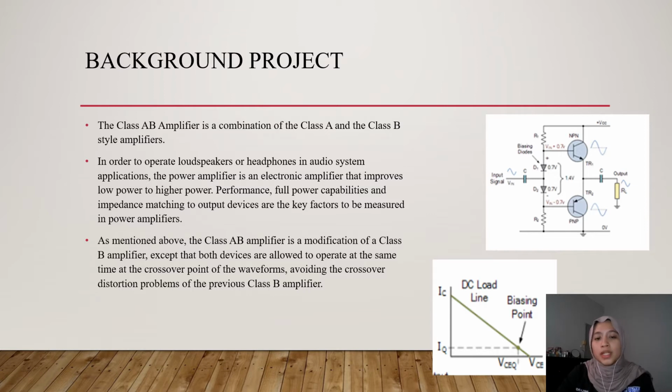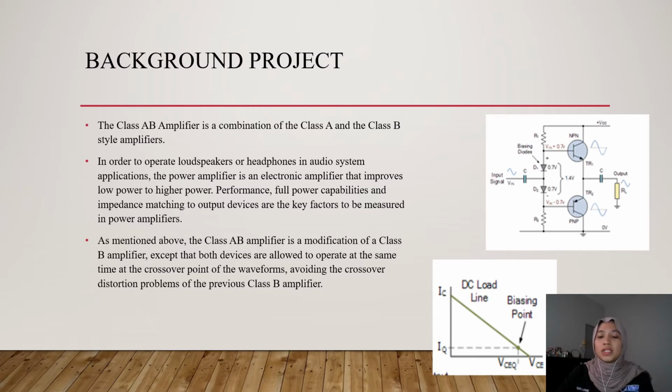The performance, full power capabilities and impedance matching to the output device are the key factors to measure the power amplifier, because the power amplifier is an electronic amplifier that improves low power to high power.